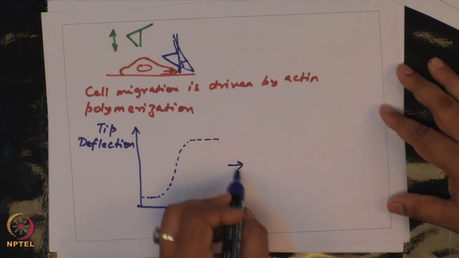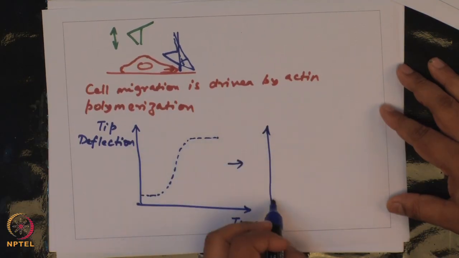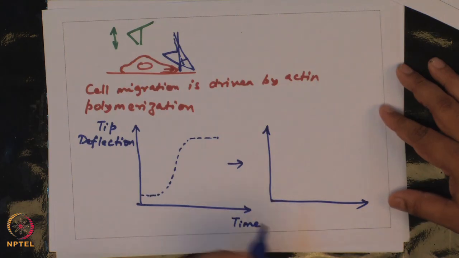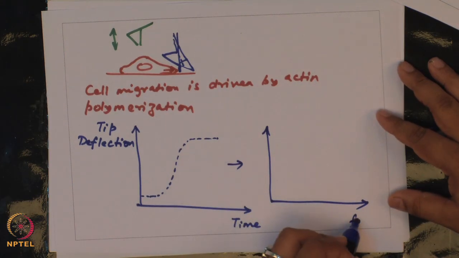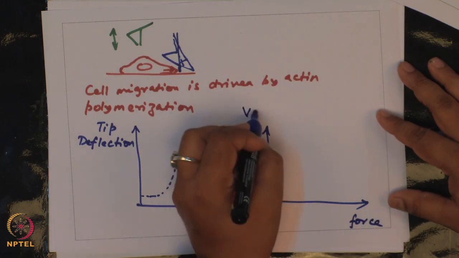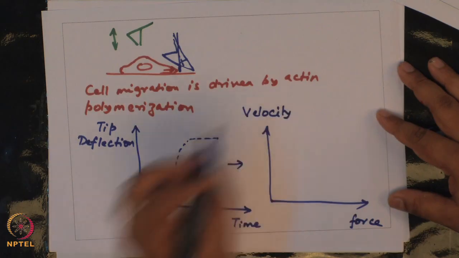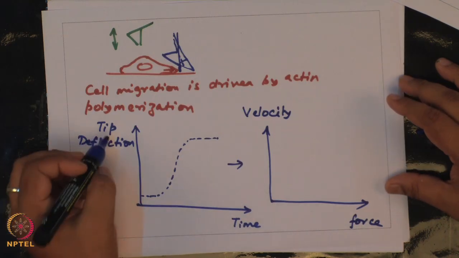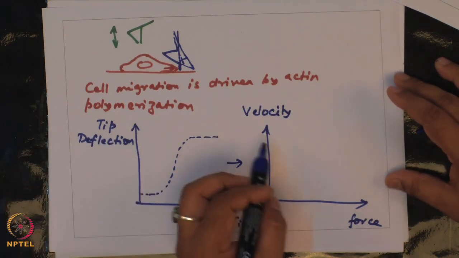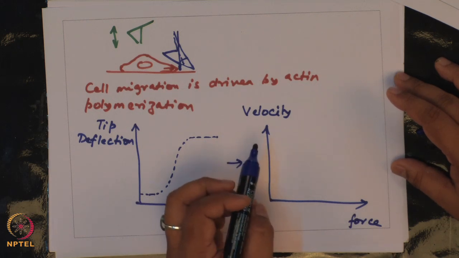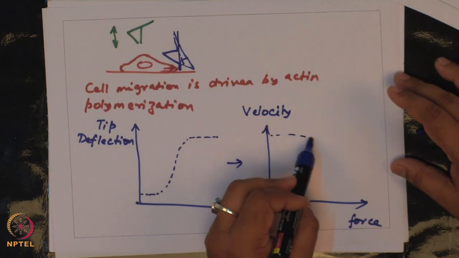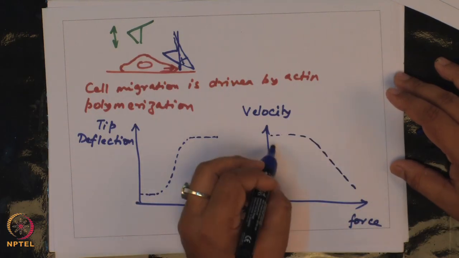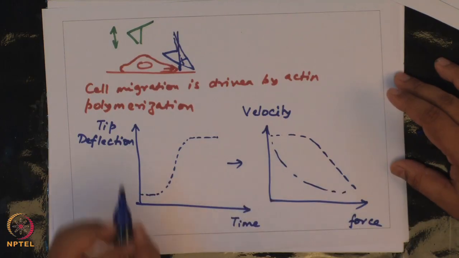From here you can convert this curve into force versus velocity. Velocity is nothing but the slope of this curve and force is k times d. So, you can then convert it into a force velocity curve. This curve might look something like this or something like this.